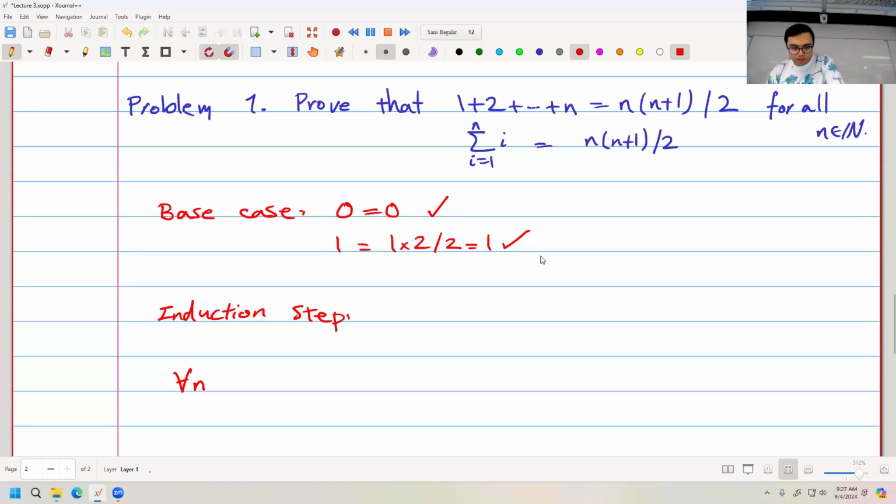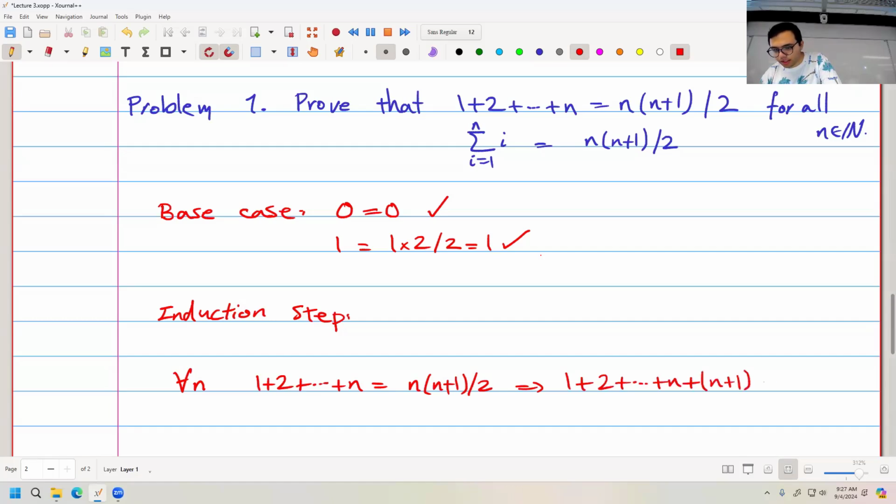So for every natural number n, if 1 plus 2, so on to n is equal to n times n plus 1 over 2, then if I do the same sum, but go all the way to n plus 1, this is equal to n plus 1 times n plus 2 over 2.